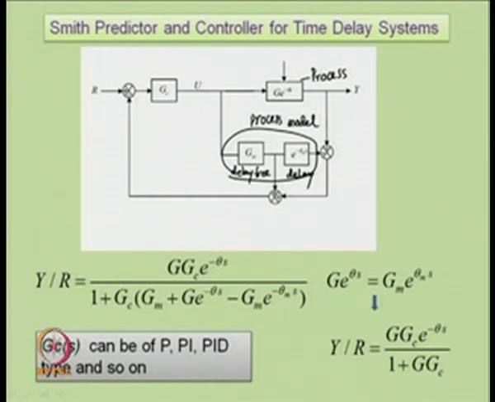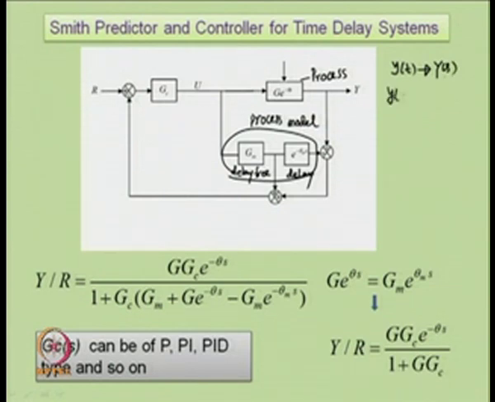Smith predictor controller structures are generally used for effective control of plants or processes with long dead time. What do we mean by dead time? Suppose the process output is y(t). In the Laplace domain, we represent it by Y(s).